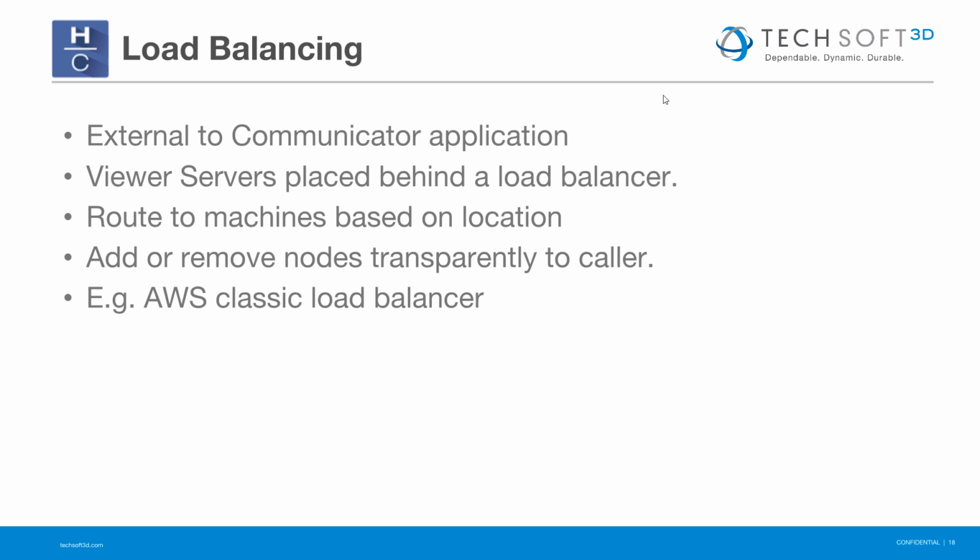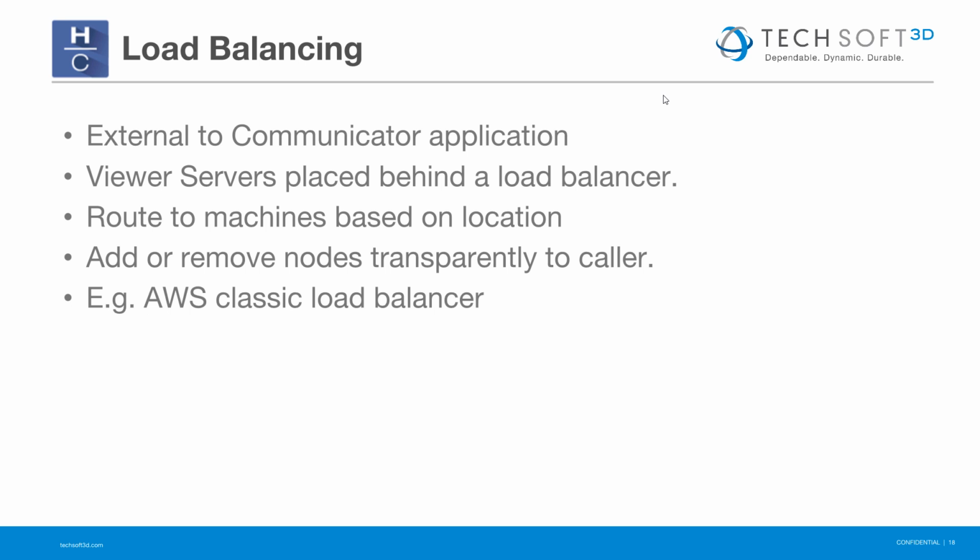So it's important that your viewing servers are independent of each other in the sense that each one can access the model storage individually, because the load balancer is going to fan out those connections to any random viewing instance.